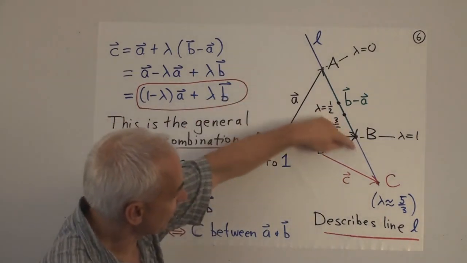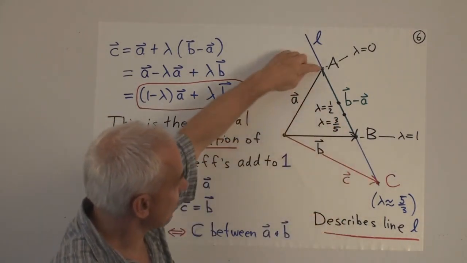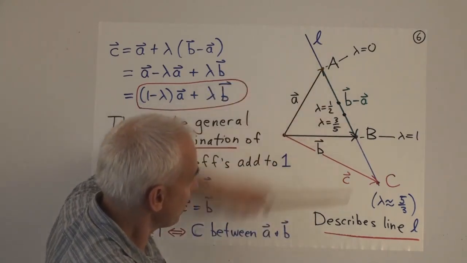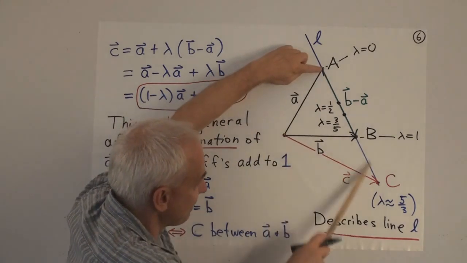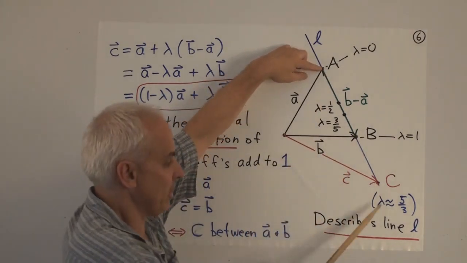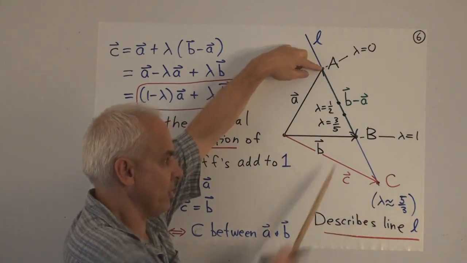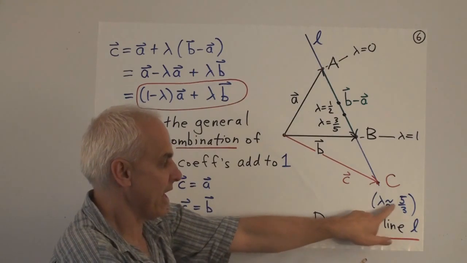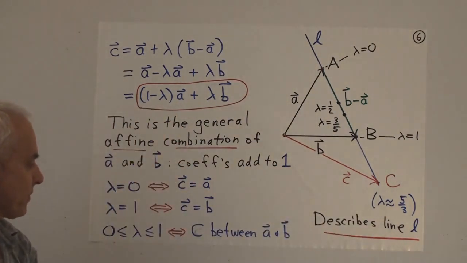And something like this one here, well, it's going to be more than 1 because we're taking a multiple of this vector. So this vector here is maybe roughly 1.5 times this vector, or let's say it's 5/3 of this vector. Okay? So this point would correspond to lambda being 5/3.